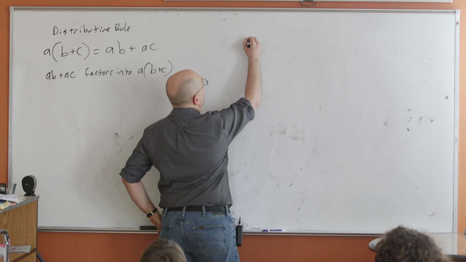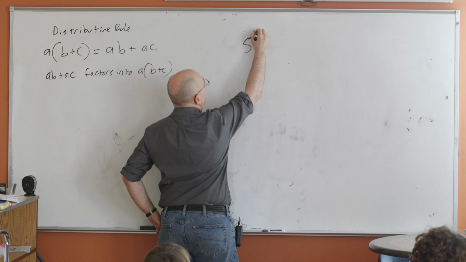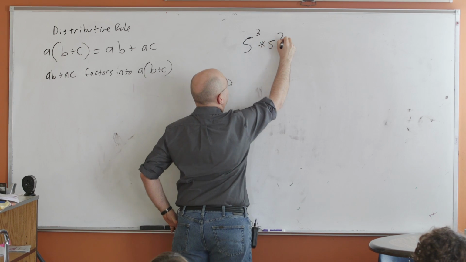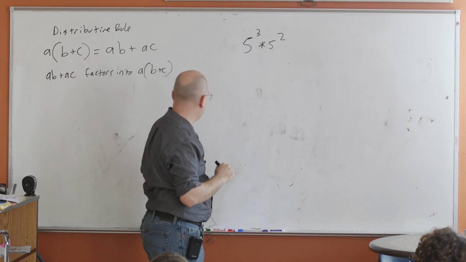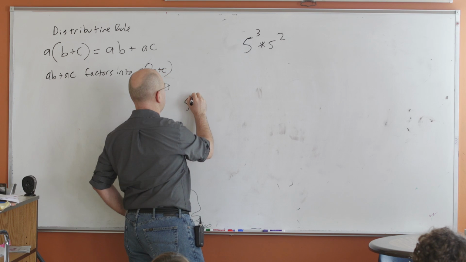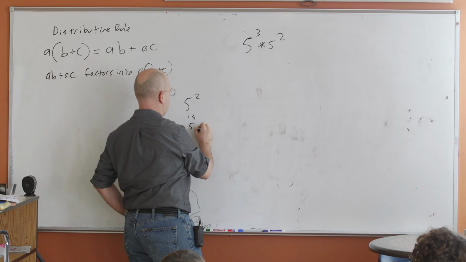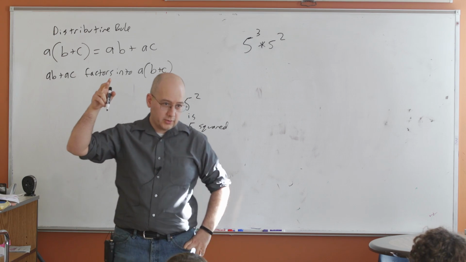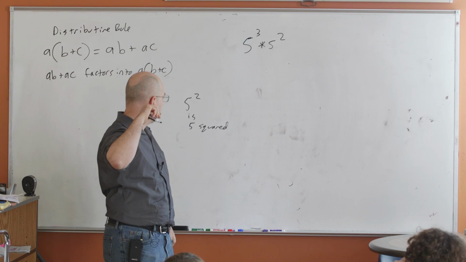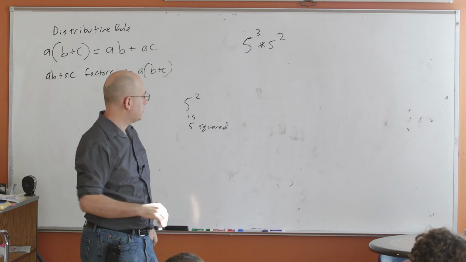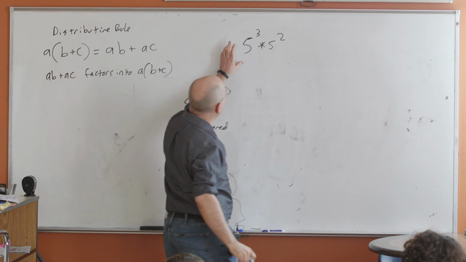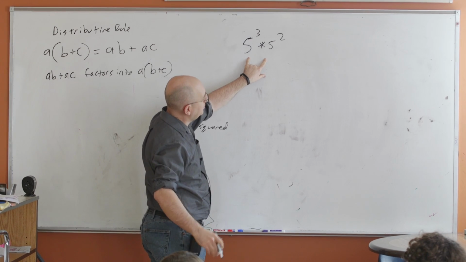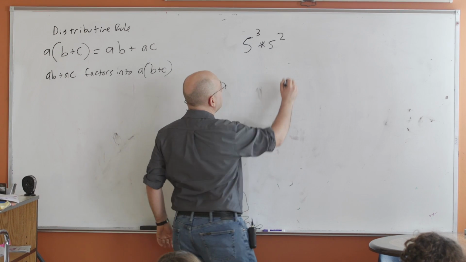Basically, let's say I take 5 to the 3 and I multiply it by 5 to the 2, which is 5 squared. So for raising something to the power 2, it's squaring. For raising things to the power 3, it's cubing, and everything else you just say the power. Anyway, how can I simplify this? Write it in another form, I suppose.